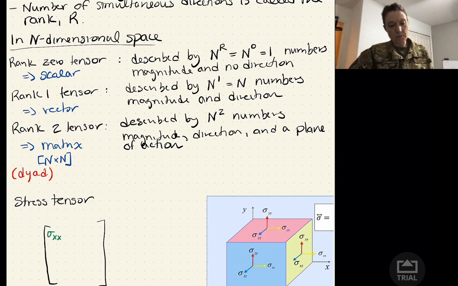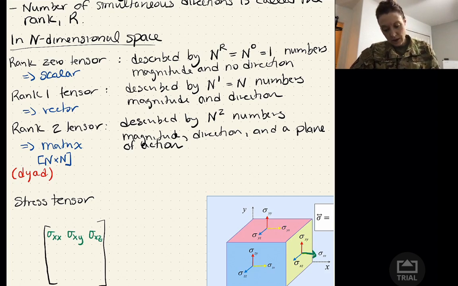Sigma xx would be the vector pointing in the x direction on the x face. Sigma xx. Okay. The next component, it seems that we should go in order. We're still on the x face: sigma xy, sigma xz.